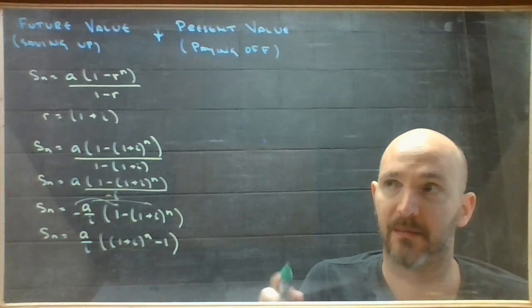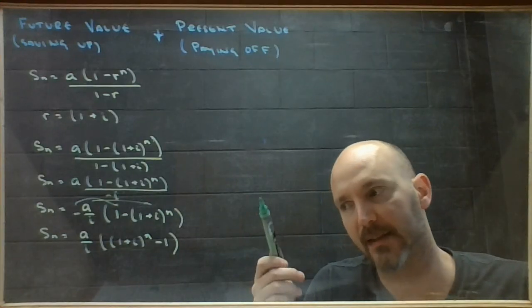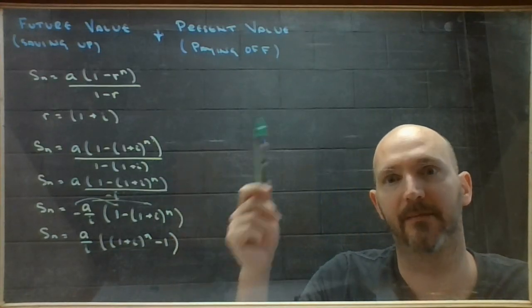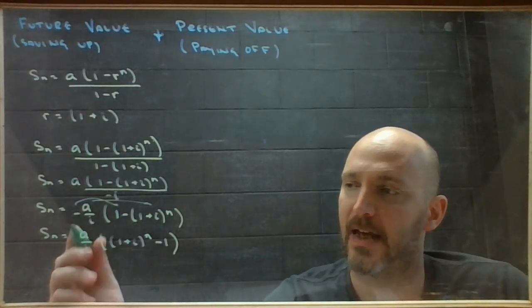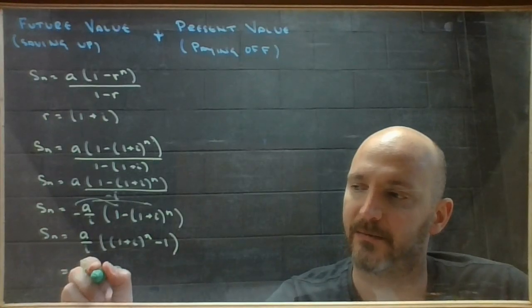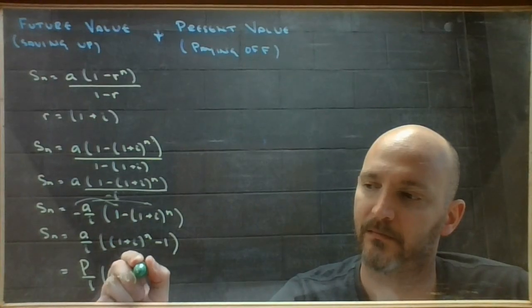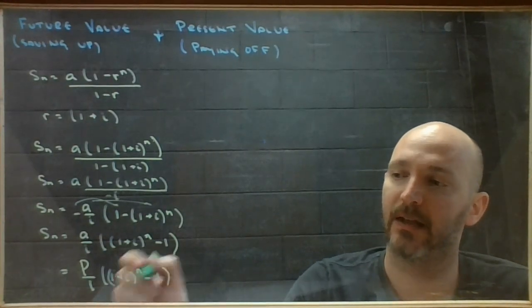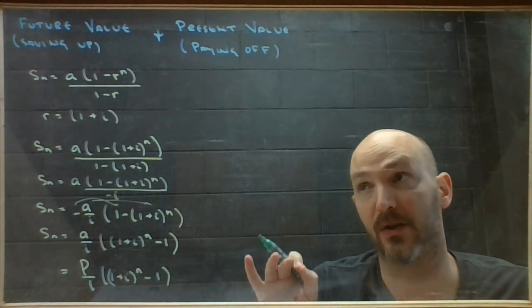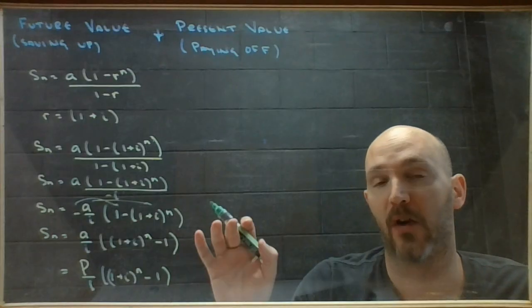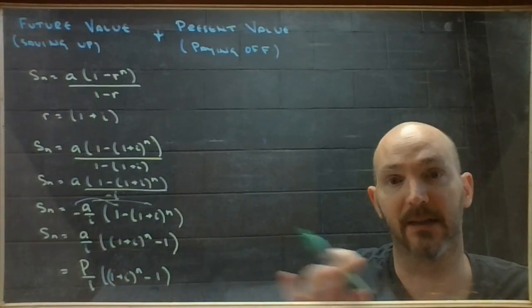I just want to interpret some things. So A was the first term in your sequence. Now that's the amount of money you're paying every month if you're putting money in. So instead of an A, I'm going to use a P for payment. And if you did all this stuff, what would you end up with? Well, you would end up with the total value of all of those payments, each with their individually calculated interest rate applied and then summed up.